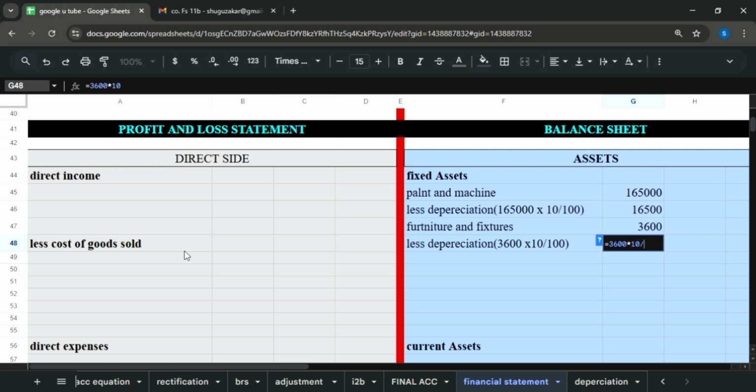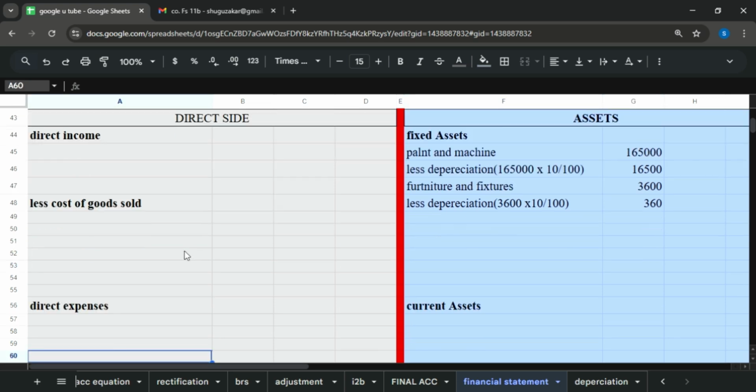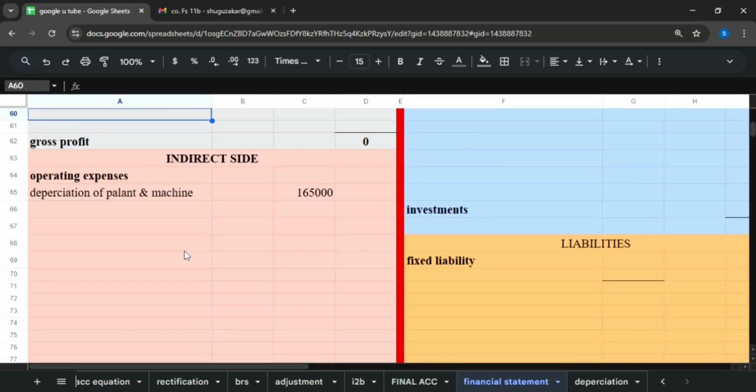After that we multiplied it by 10 and divided it by 100. So we have got the depreciation, which is 360. Similarly to plant and machinery, now we will go to the operating expense side, and there we will mention depreciation of furniture.